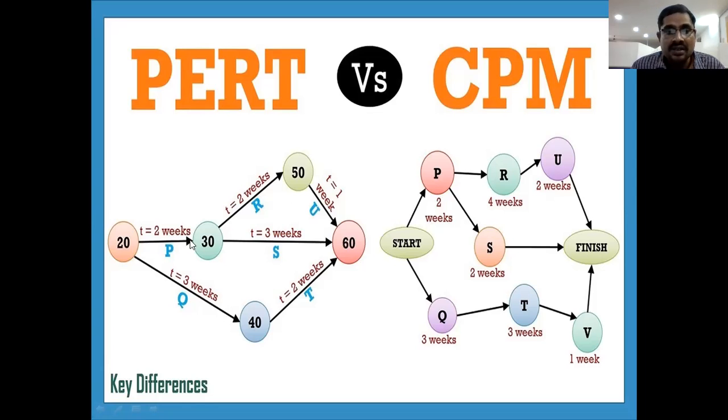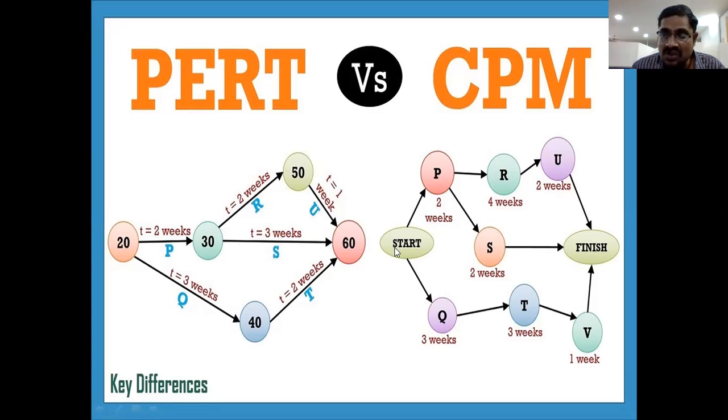And here, all these activities are probabilistic, they may or may not succeed. But these are deterministic. This is probabilistic and this is deterministic.